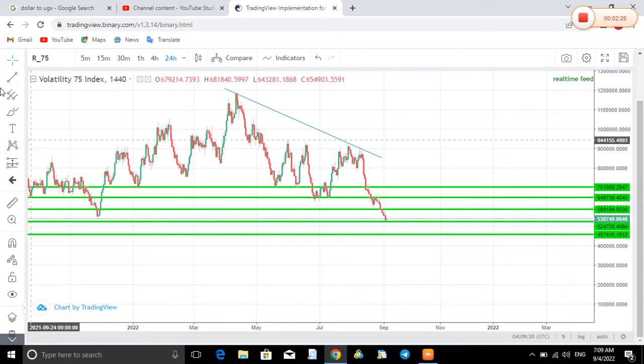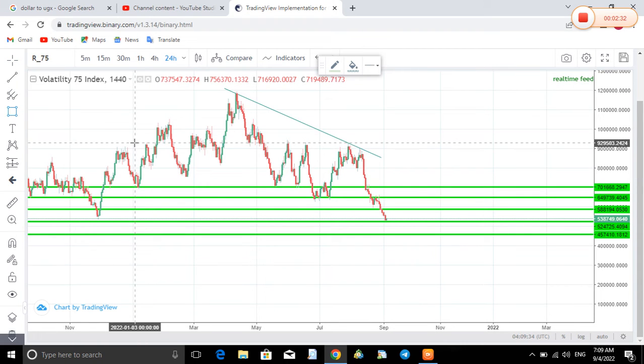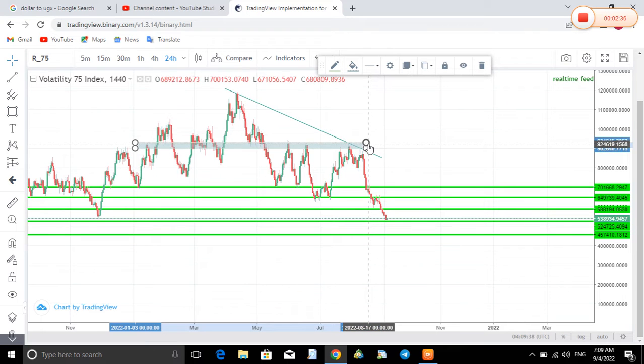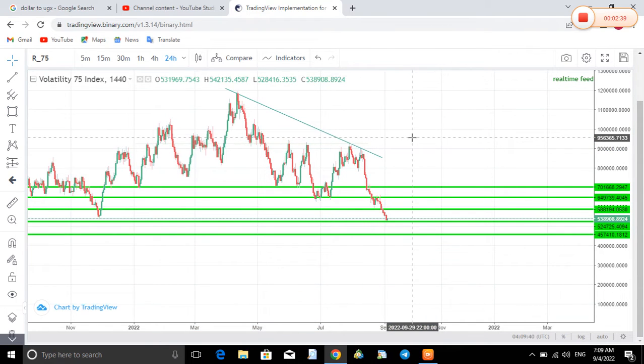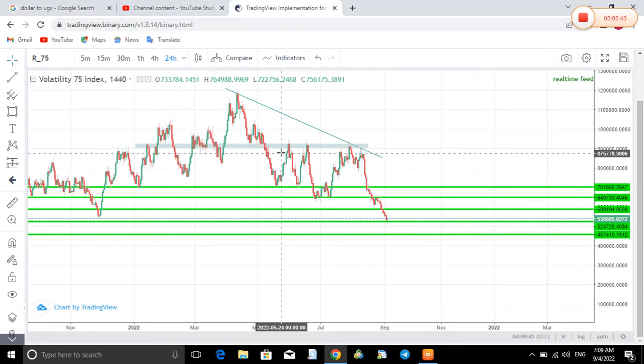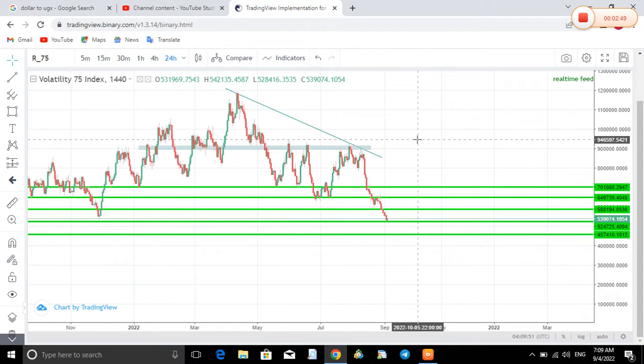Now the market gave us a head and shoulders pattern on this resistance level, which forced the price to push to the downside.